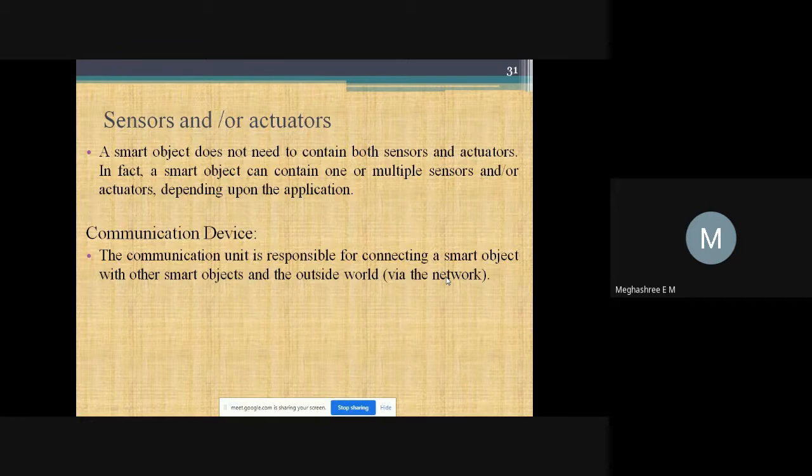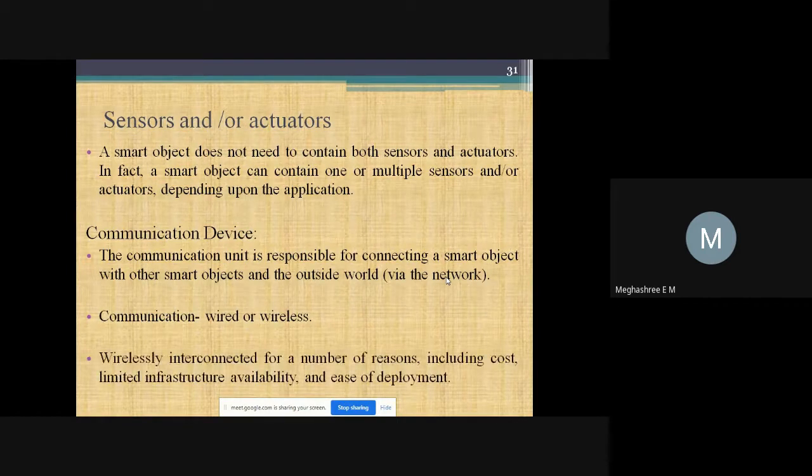Sensors or actuators have to communicate with each other to perform some kind of action in any application, right? This can be done with the help of the communication unit, that is, with the help of the network. This communication can be wired or wireless.